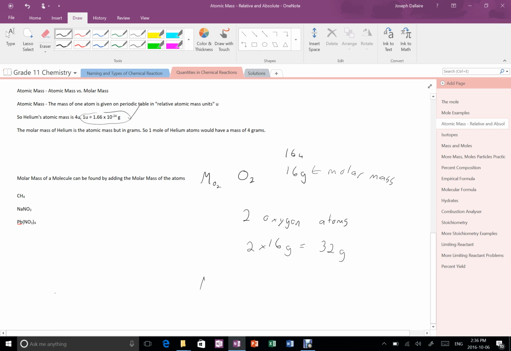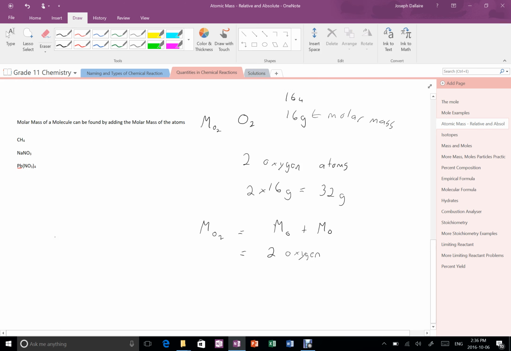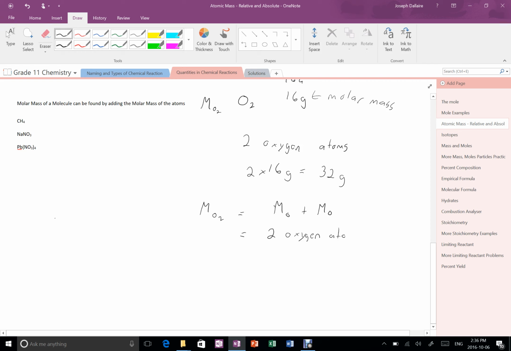So the molar mass of the compound O2 is equal to the addition of the molar mass of the atoms that make it up. Here we have 2 oxygen atoms, so we want 2 times the molar mass of oxygen, which is 2 times 16.